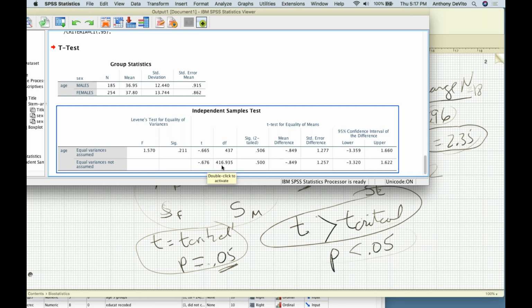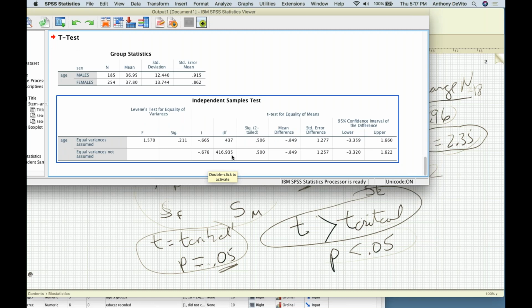Usually what we do is we make the assumption that the degrees of freedom with unequal variances is just the sample size of one group minus one. Okay, so we don't have to go through this ugly calculation. SPSS does this for you. Okay, so that's really basically what you need to do here.